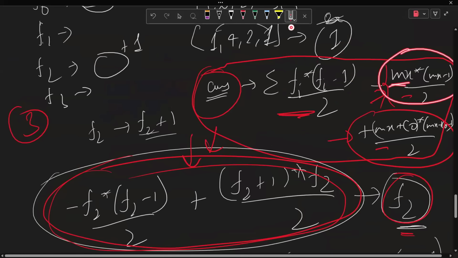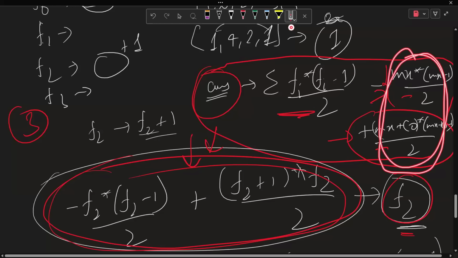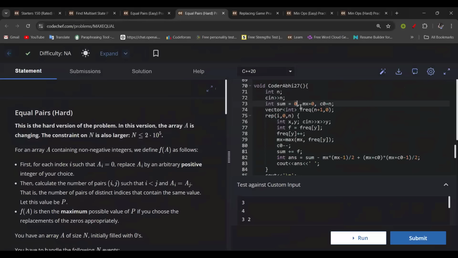Then we have this mx variable, and mx and c0, through which we are calculating this part. So we have sum equal to 0. Initially mx is 0. There is no frequency, like all the frequencies are 0 for f1, f2, f3, all of them. And my C0 is n. The frequency of 0 is n. There are n times 0 in my initial array. Okay, these are my initial states.